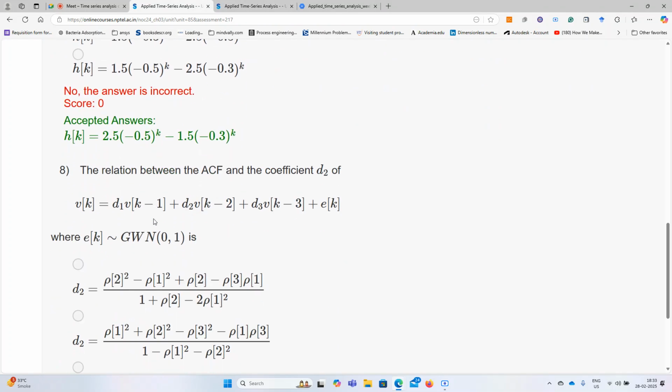The relation between ACF and coefficients D2 of this random signal where EK is with Gauss's normal distribution.